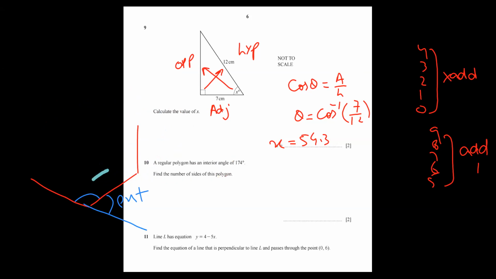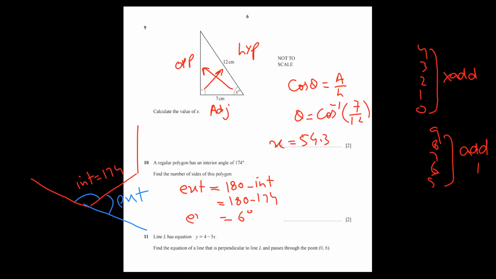Now I'm writing here, interior is equal to 174. You know that interior plus exterior is a straight line, so I can find the exterior angle. Exterior angle is equal to 180 minus interior, and 180 minus 174 will give you 6 degrees.